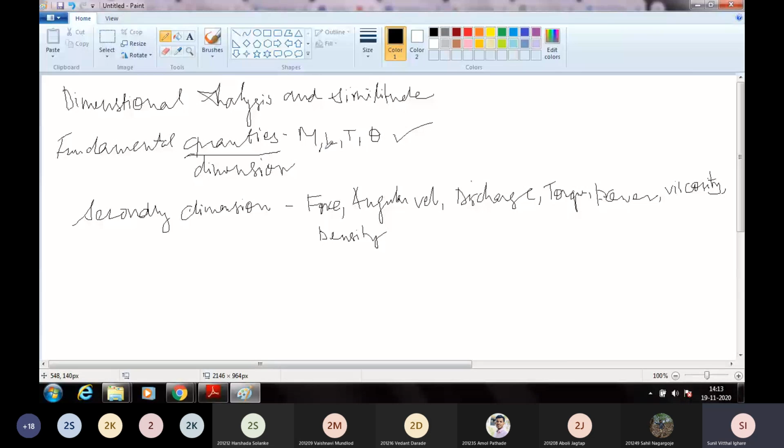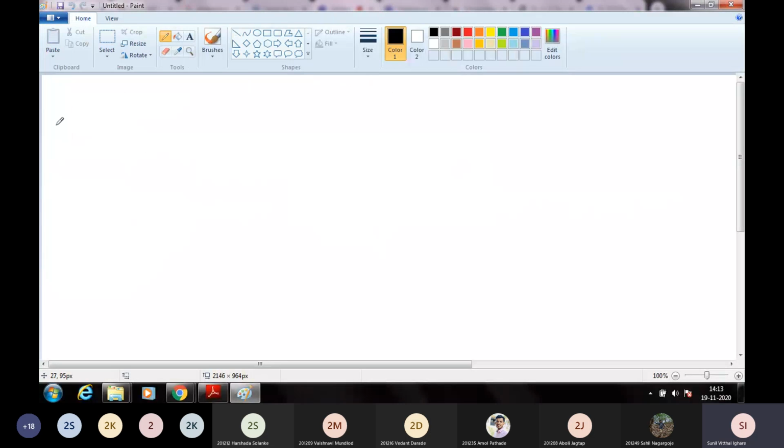Fundamental quantities are mass, length, time, temperature, and we can formulate the secondary ones into a simpler form, in terms of fundamental quantities. We will see that separately. So the secondary dimensions depend on the fundamental dimensions.